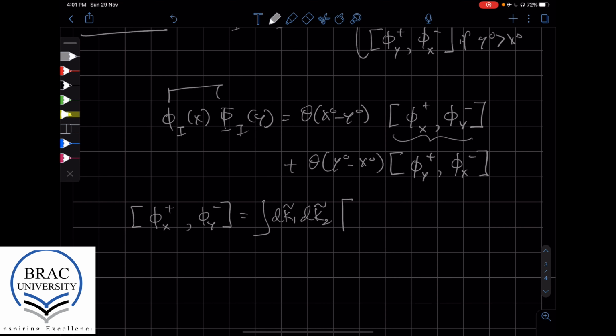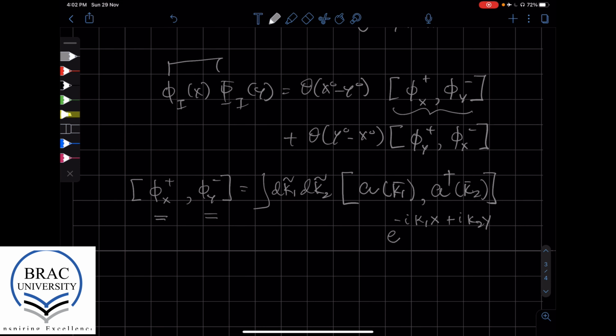From this one we get annihilation operators, a(k1), and from this one we get creation operators, a dagger(k2). Then from these two we get exponentials, e to the power minus i k1 x plus i k2 y.